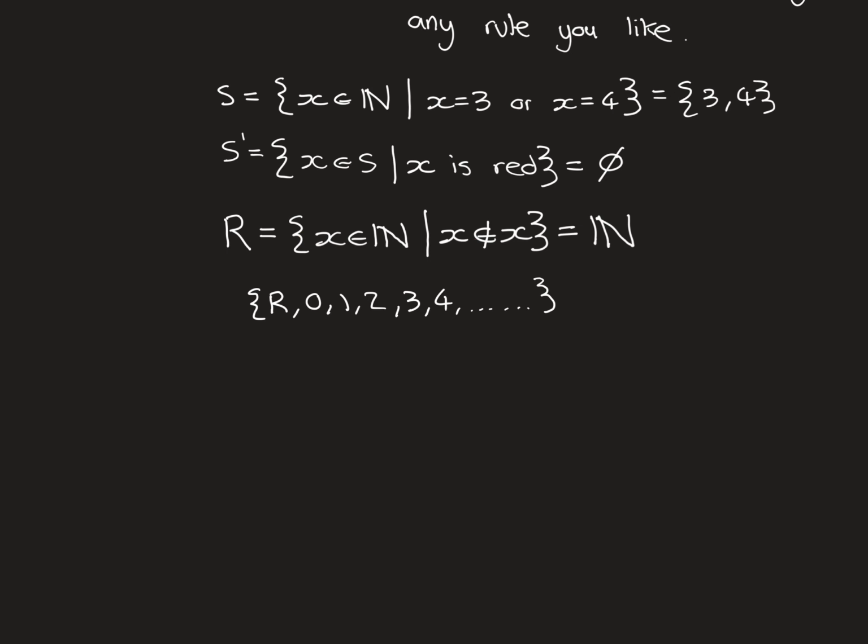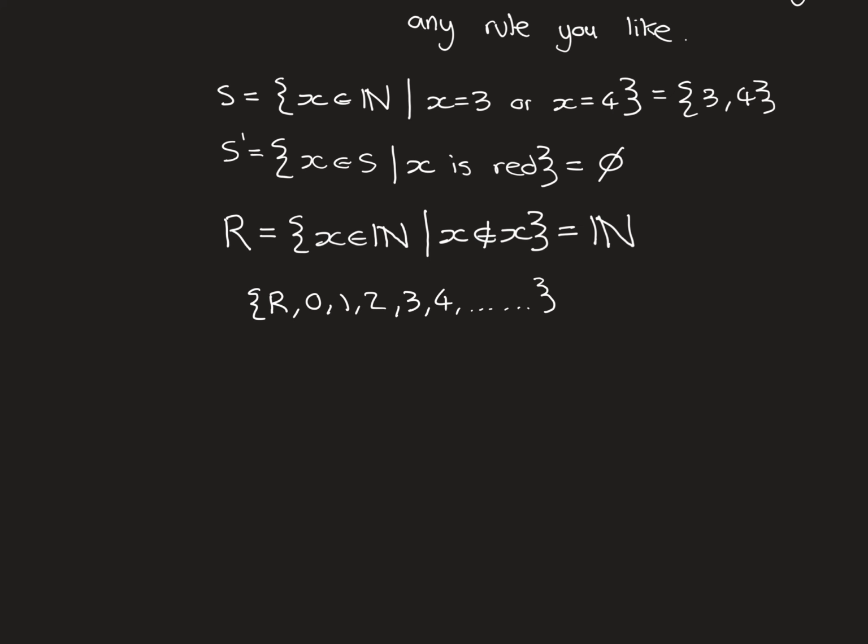Well, the answer is no, because R is not inside the natural numbers. So quite clearly, the answer is no, because this has to be a subset of the natural numbers. Now consider that we were taking a subset of a set that did contain R. What would happen then?